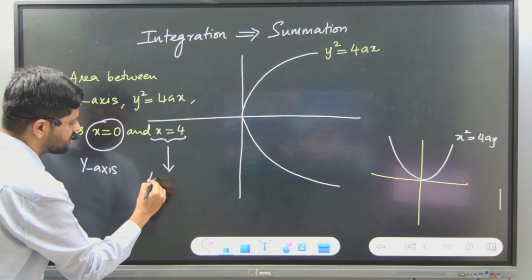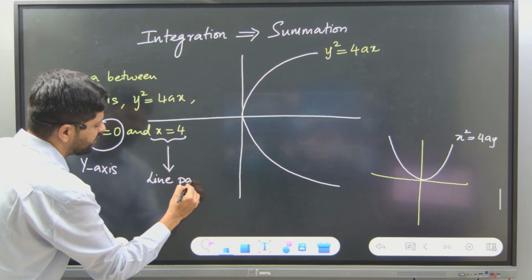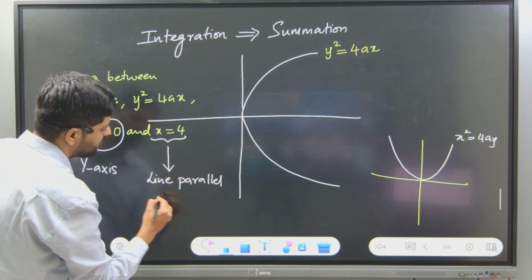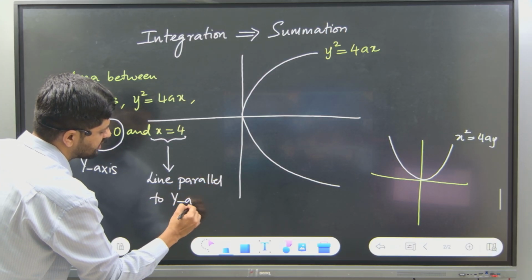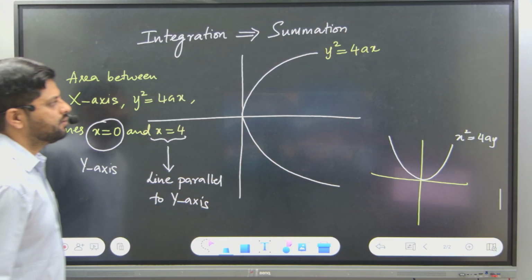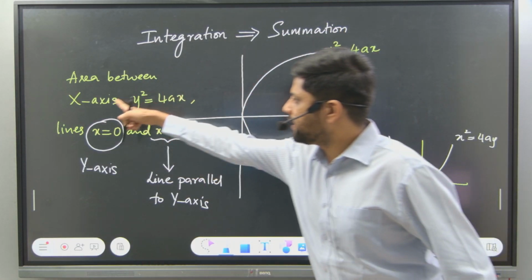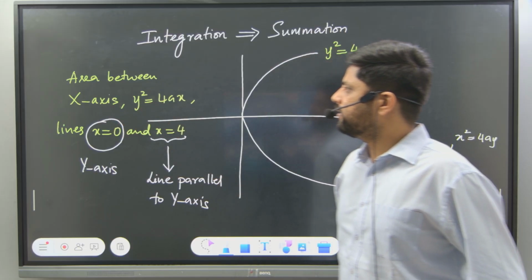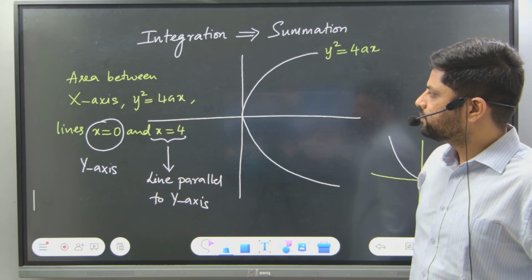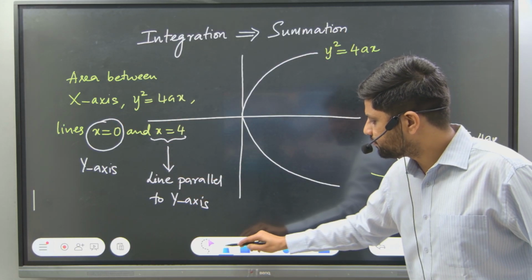I remember telling this. It is a line parallel to which axis? Line parallel to y-axis. So I want to find out the area between the x-axis, y square is equal to 4ax, and these lines.